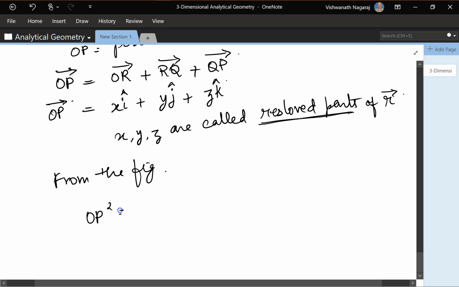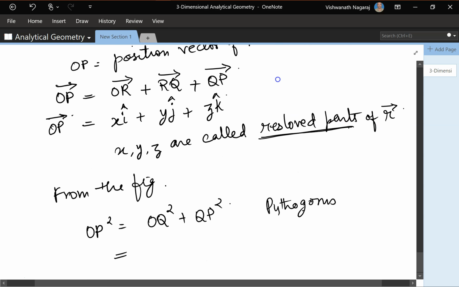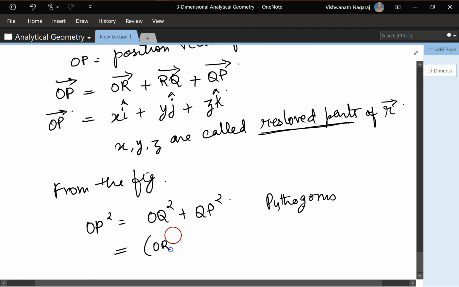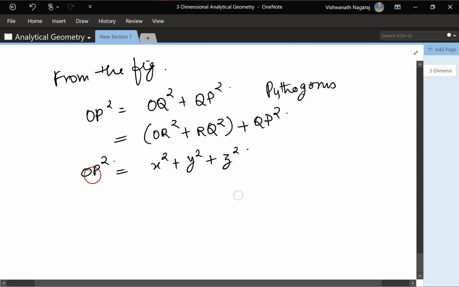We know OP square is equal to OQ square plus QP square. Pythagoras theorem. Okay. Now OQ square in turn can be looked at as OR square plus RQ square. Right? So OP square is OR square plus RQ square plus QP square. Now OR square is nothing but x square, RQ square is nothing but y square, and QP square is z square.